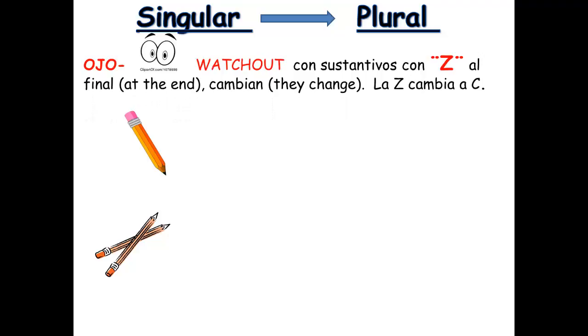And one last concept. So, ojo, watch out with sustantivos ending not only in consonant, but specifically ending in zeta. So, nouns ending in zeta will actually have a change in the word. And what will happen is the z, when making the noun plural, changes to c.